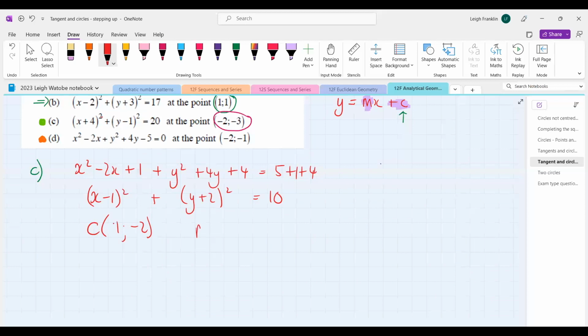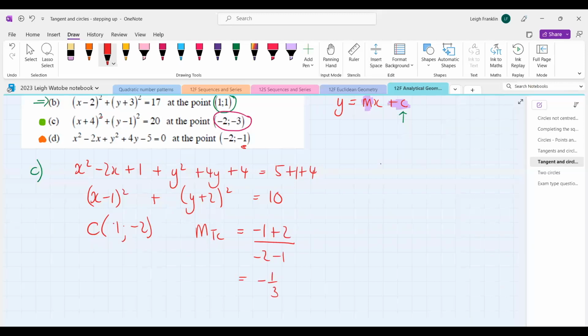Again, we need to work out the gradient of TC. So if I start over here with -1, I'm going to subtract -2. So I'm adding 2: minus 2 minus 1 like so. Okay, so that would have left us with -1 over 3.